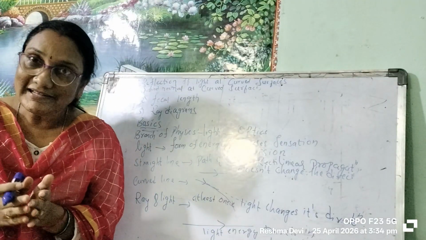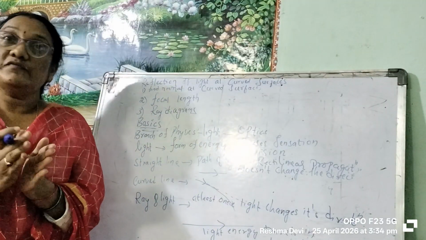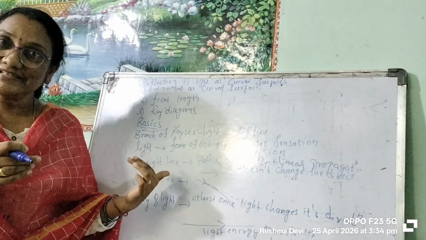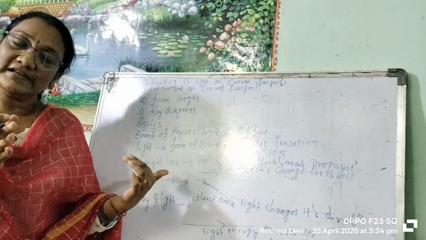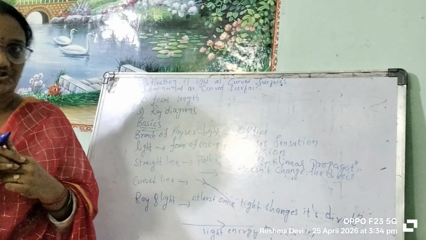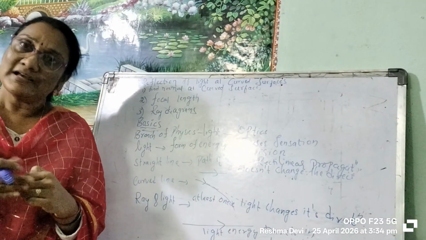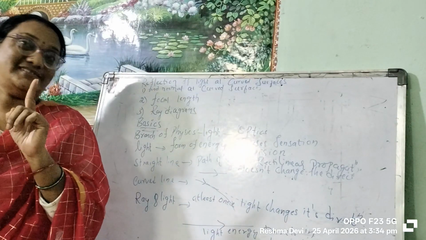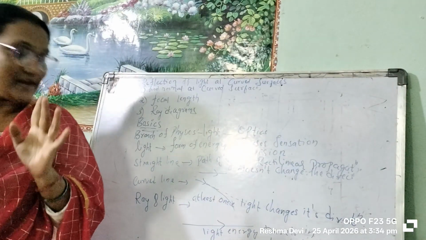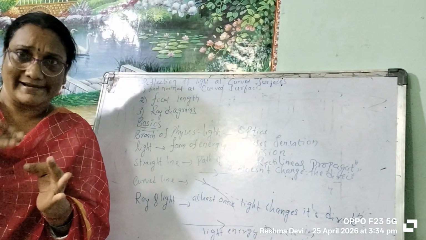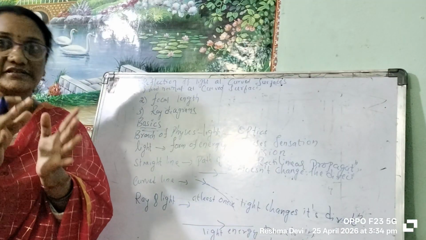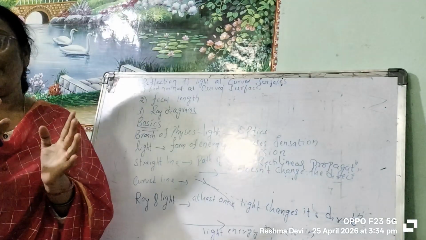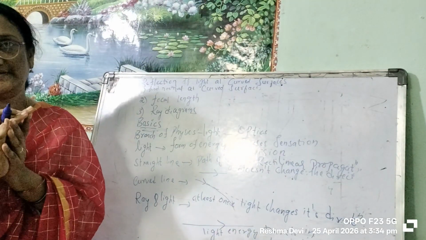Light is a form of energy which causes the sensation of vision. A straight line means the path of light in which light never changes direction. A curved line means the path of the light, but at least once it changes direction. Ray means the straight line along which the light energy travels in a specified direction.